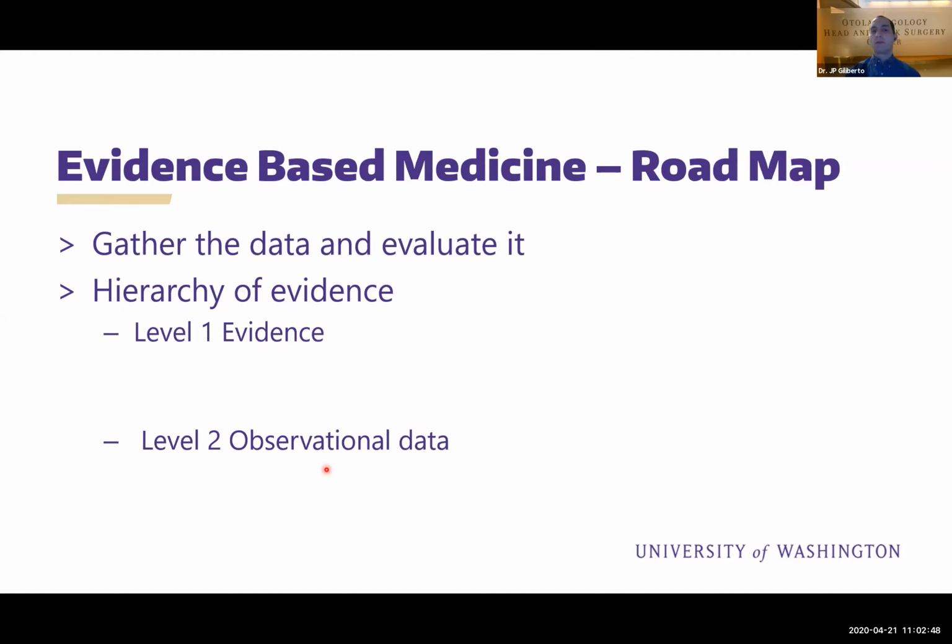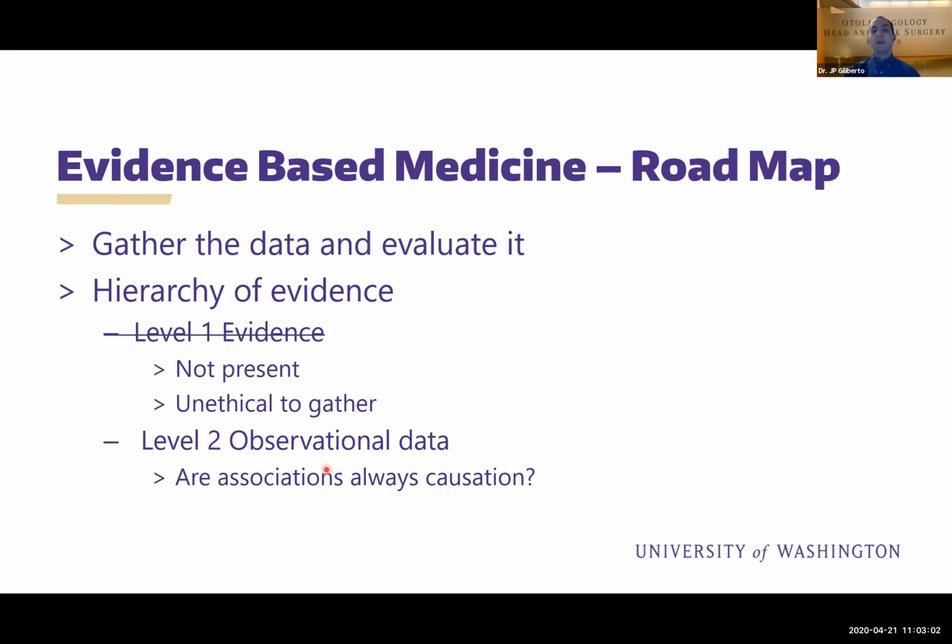So when we're thinking about evidence-based medicine, there are obviously a number of levels of evidence, and often we want to rely on level 1 evidence. However, sometimes it's just not present, or it's unethical to gather. So we typically will lean on observational data or level 2 evidence to make some of these conclusions.